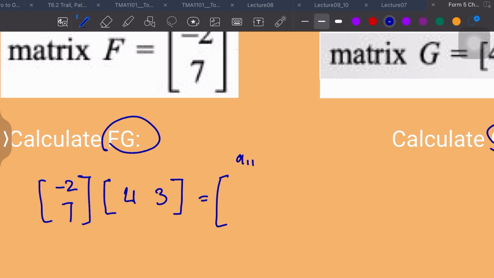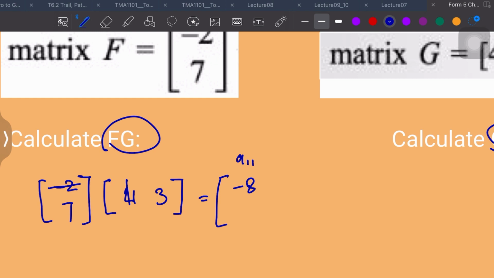So take the first row and first column. -2 multiplied by 4 is -8.